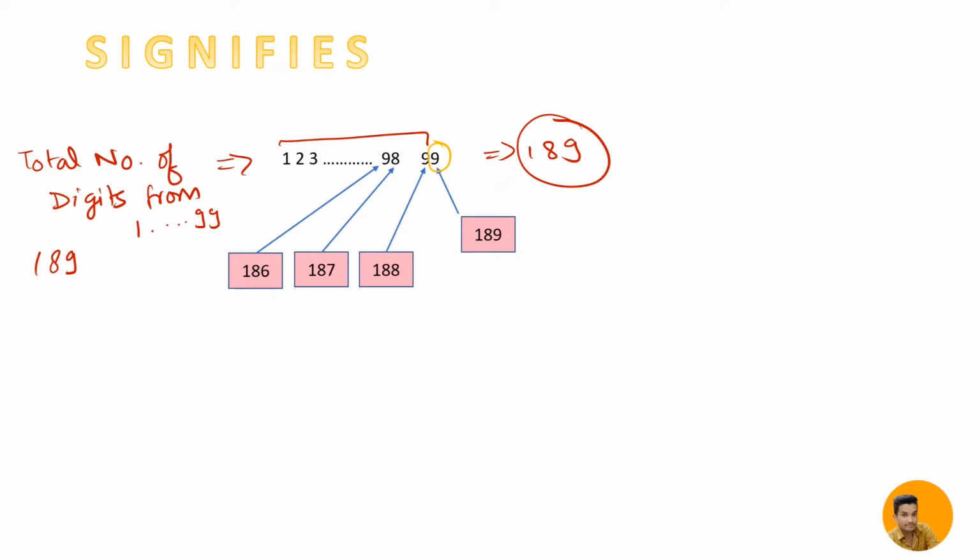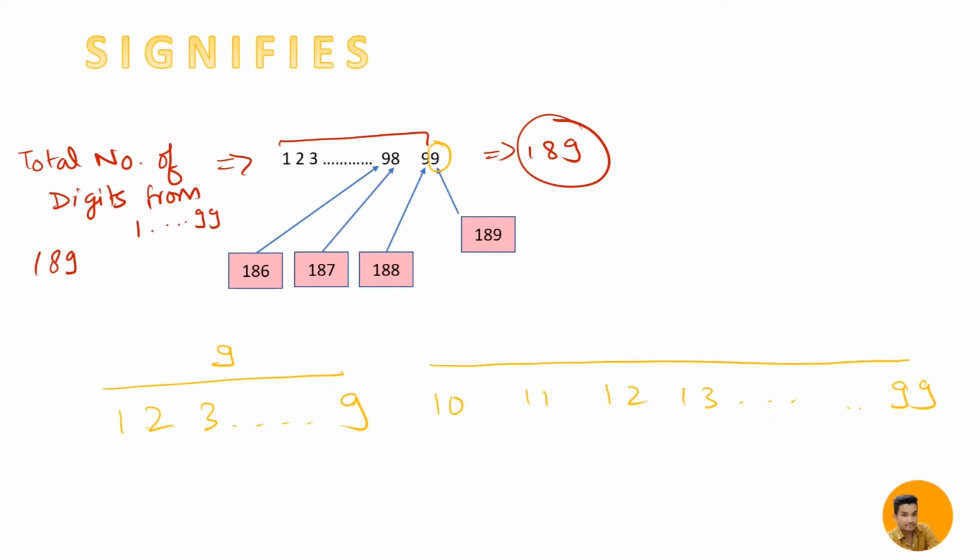Let me explain again clearly. Starting from 1, 2, 3, 4 up to 9, we have 9 digits, correct? Then starting from 10, 11, 12, 13 up to 99, these are 2-digit numbers, and we calculated earlier that they have 180 digits in total.